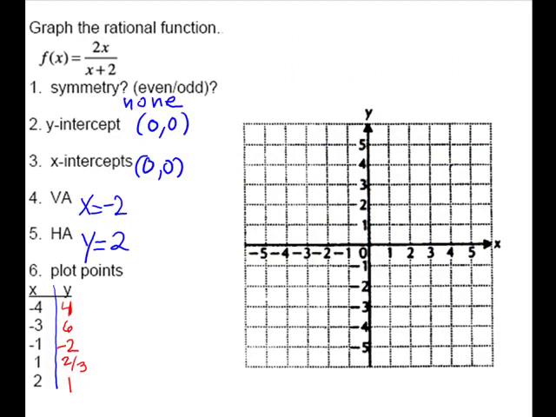So the Y-intercept 0, 0, and that is the same as the X-intercept. A vertical asymptote at x equals -2.